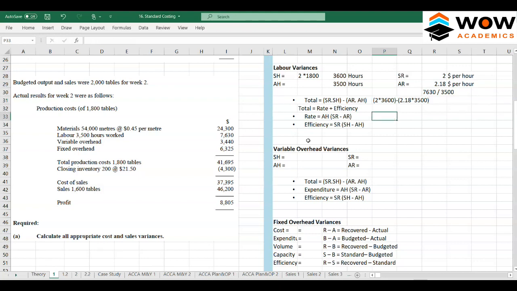We'll work out all the ratios, then we'll compute the answer. AH is 3,500. SR is 2. AR is 2.18. Again, SR is 2. SH is 3,600. AH is 3,500.